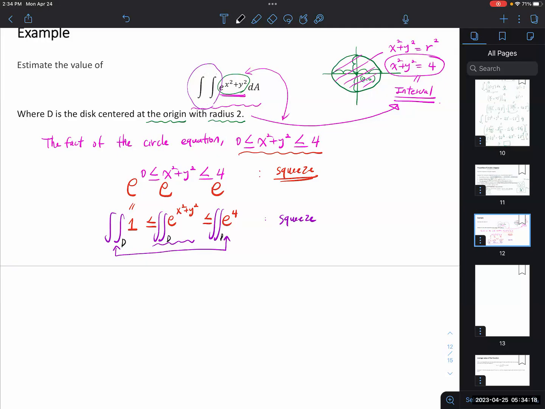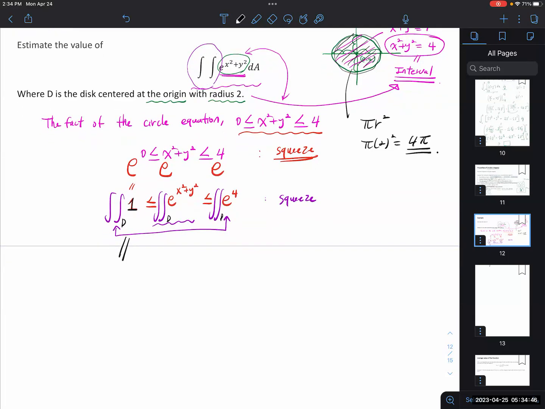Are you going to stop here, or do we know the area of this circle? The formula is pi r squared. And actually we know the area: pi times 2 squared is 4 pi. So if it is 1, that means, using the original circle region, we are going to multiply by 4 pi everywhere.